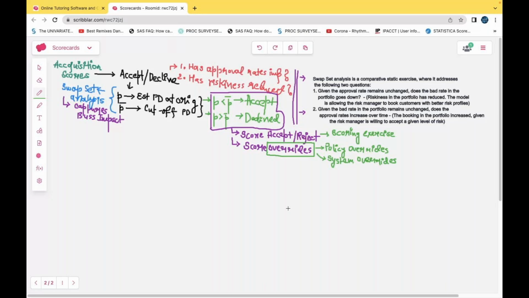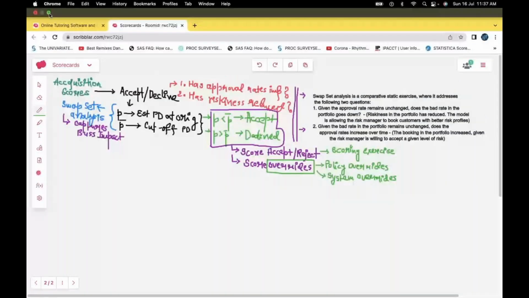Then the underwriter manually overrides the application and rejects it.